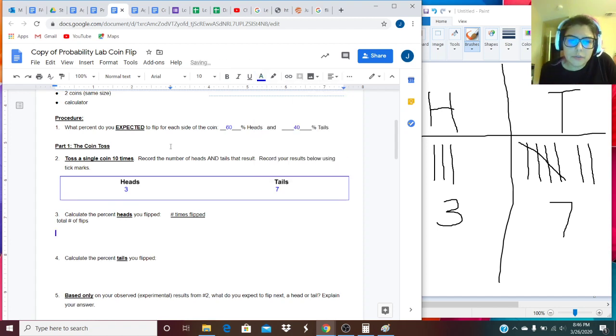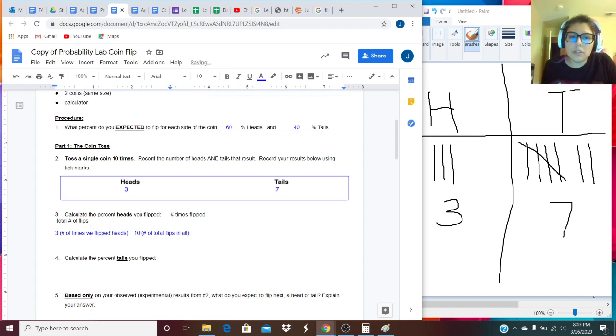First off, we know we flipped 3 times, and 3 is going to represent the number of times we flipped for heads. And 10 is the total amount of times we flipped, regardless if it was heads or tails. So 10 is the number of total flips in all in this first part.